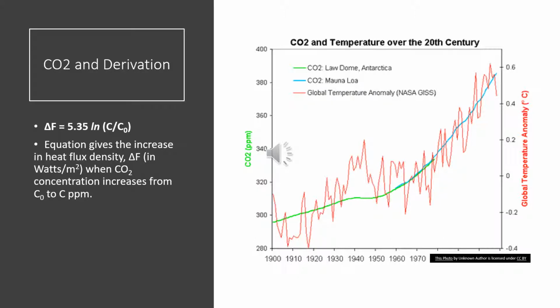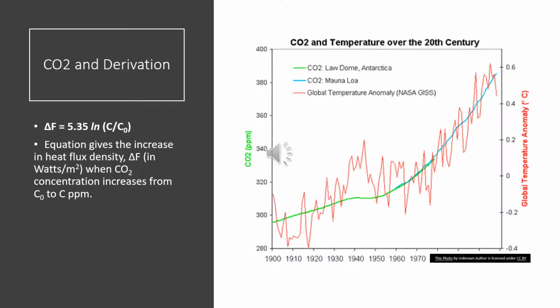How much warming does carbon dioxide itself contribute to the current surface temperature of the Earth? We can calculate the CO2 flux density at the concentration in the current atmosphere using the fundamental equation F equals 5.35 natural log of concentration.